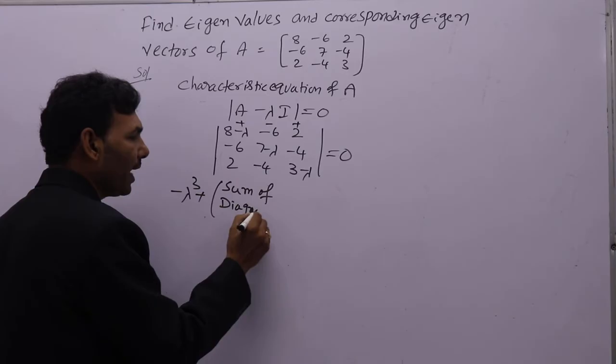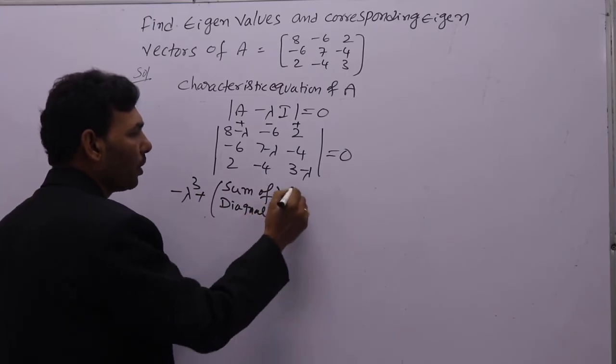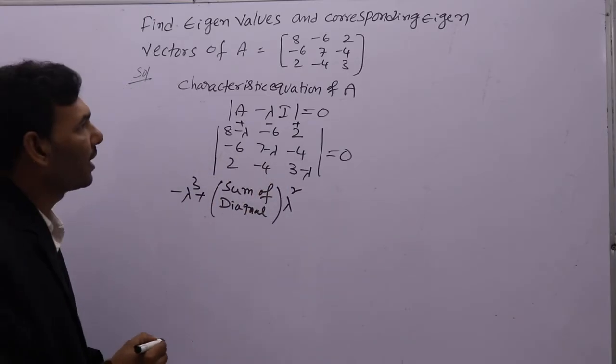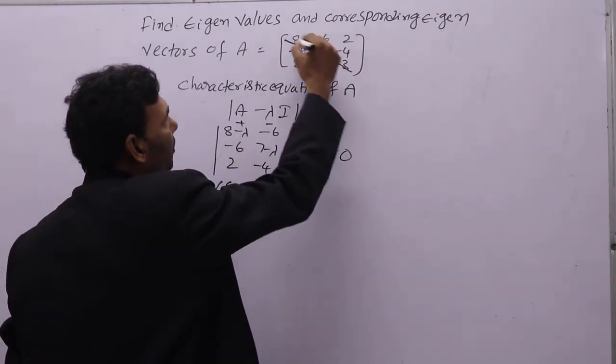Sum of diagonal elements into lambda square. Sum of diagonal: these three you need to add.